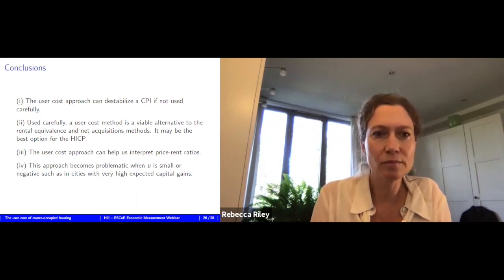Thank you very much, Robert, for a very interesting talk. I had a couple of points rather than questions, going back to when at the ONS we looked at how to put housing into the CPI.